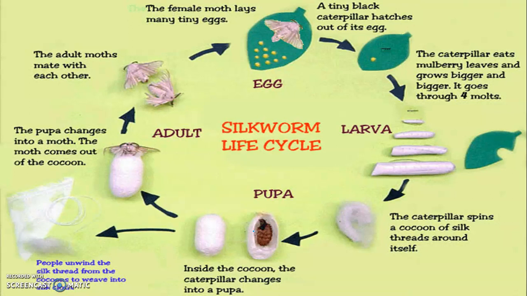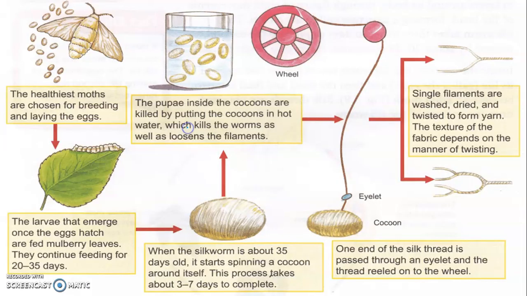What some people do is they take the cocoon, take the thread from that cocoon, and weave it into silk thread. Otherwise, the pupa changes into a moth, and the moth comes out from the cocoon. Then they again mate, and the female moth lays tiny eggs. This is how the cycle keeps going on.